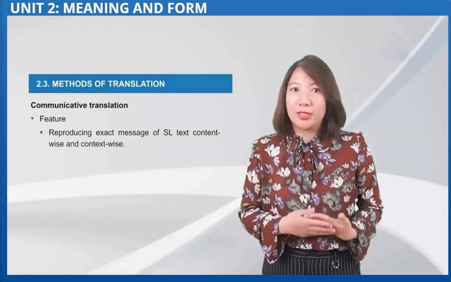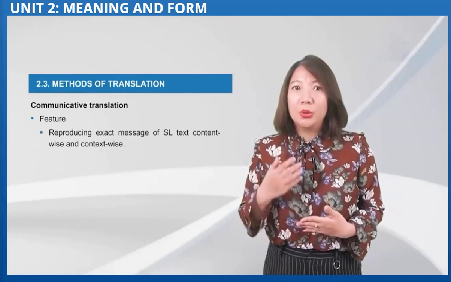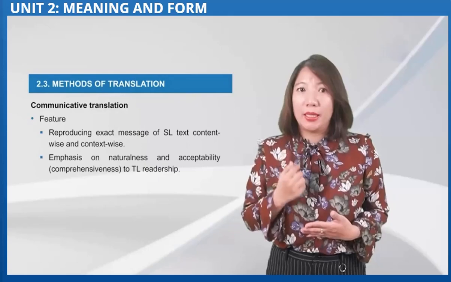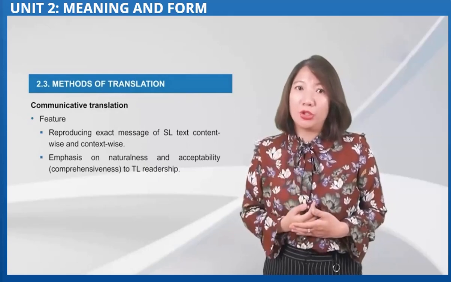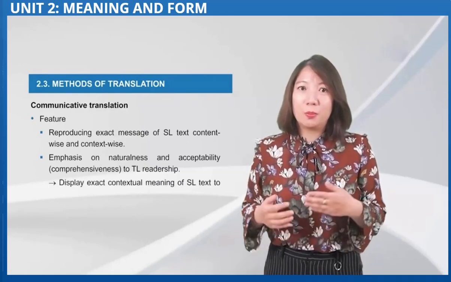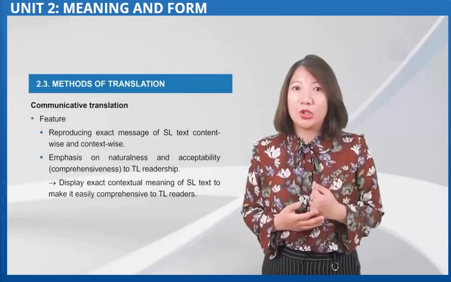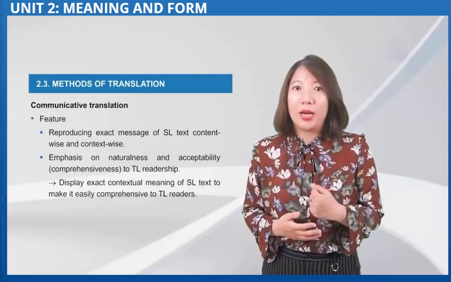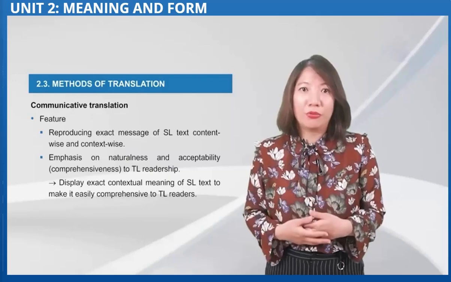Now, the translation under this method puts emphasis on the naturalness and acceptability to the target language readership. It displays the exact contextual meaning of the source language text to make it easily comprehensible to the target language reader.